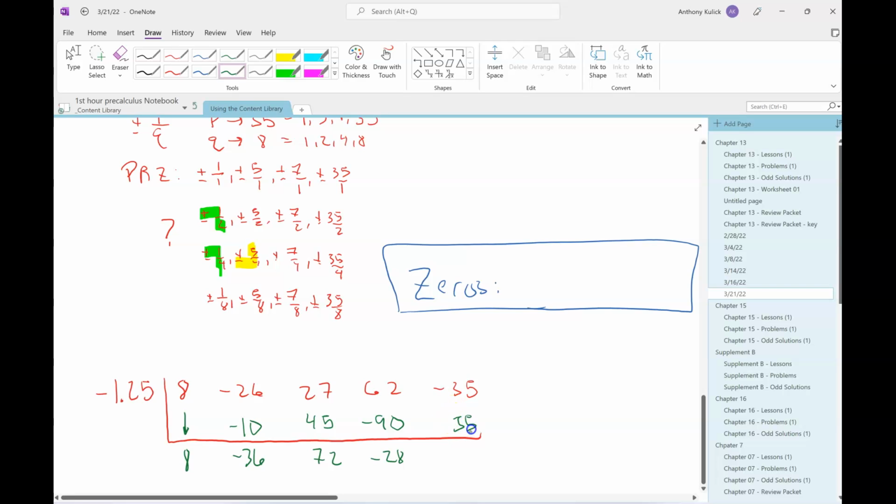That gives me positive 35. All right. So I'm going to record that answer. And you could record it as negative 1.25, or you can record it as negative 5/4. Either one is fine. It doesn't matter to Mr. Kulik. Is everybody okay so far?